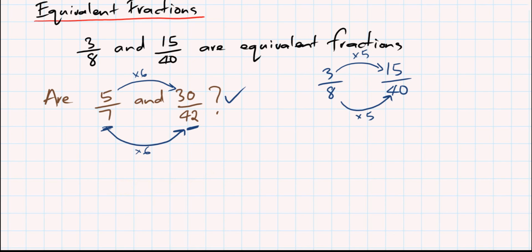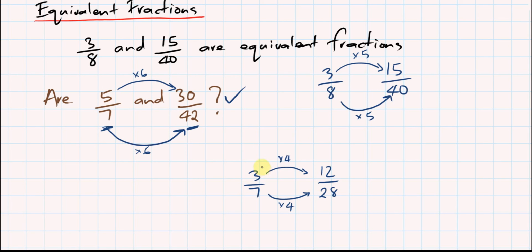So if you're given a fraction, for example 3/7, and you need to find some equivalent fractions, all you need to do is multiply both the numerator and the denominator by any number. So I could multiply the numerator by 4 and multiply the denominator by 4, and I would get an equivalent fraction.